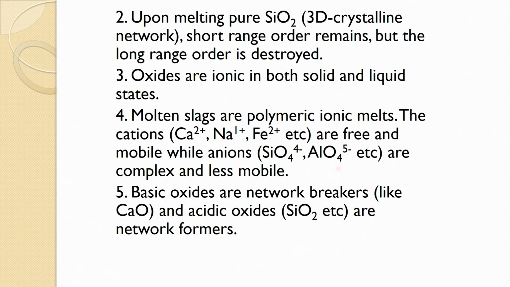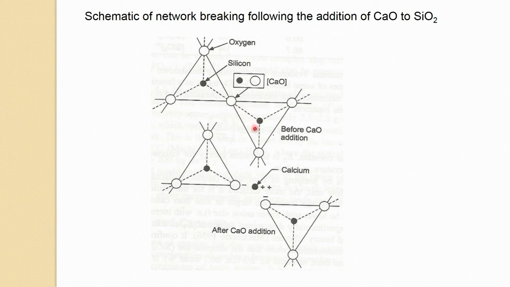When we say network breaker, we are talking about the order. You can see this is a long chain of silicon oxygen tetrahedra, and if you add a basic oxide like CaO, it breaks that chain. After addition of CaO, it separates out and leaves the cation and anionic charges, and that is how it becomes an ionic melt in slag.